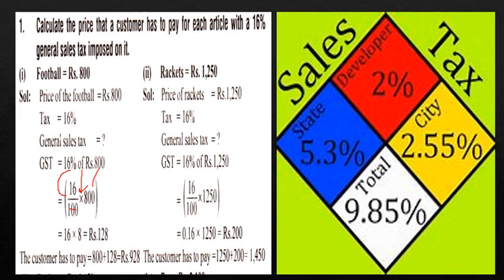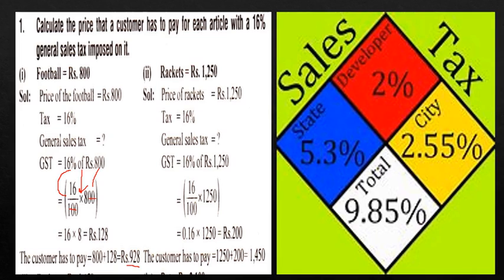These two zeros will be cancelled with these two zeros, and 16 multiplied by 8 is equal to rupees 128. The customer has to pay 800 actual price plus 128 the tax. The total price of football will be equal to 928, and that price customer has to pay.